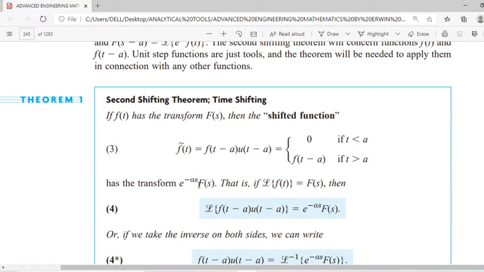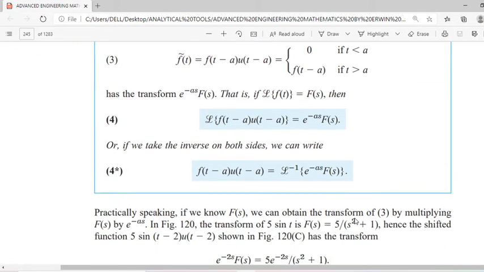It has the transform e raised to minus as into F of s. That is, L of f of t is F of s. Then L of f of t minus a into u of t minus a is equal to e raised to minus as into F of s. That is the result. The inverse is f of t minus a into u of t minus a equal to L inverse of e raised to minus as into F of s.